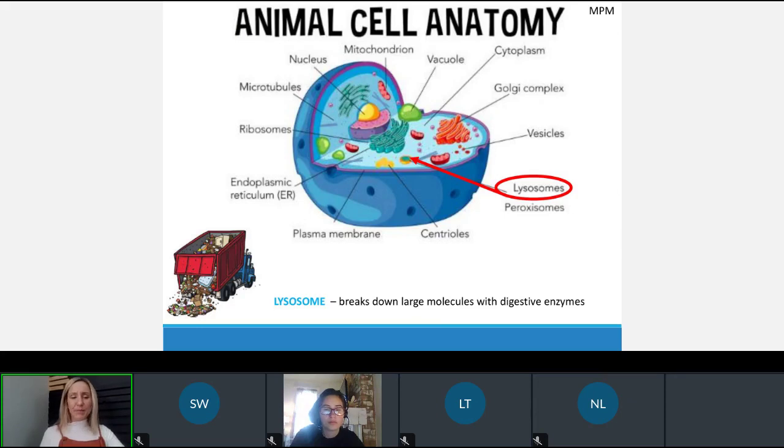You can snip pictures of this or the plant cell if you would like. I would love you to bring them to class tomorrow, and or send them to me in my email, because then I could make a little presentation like this with all of your cells in it.